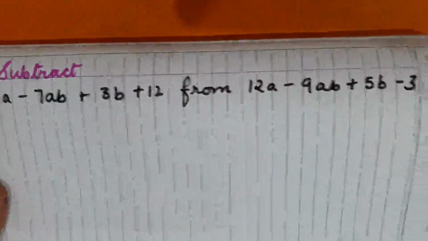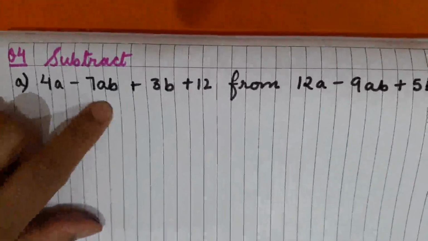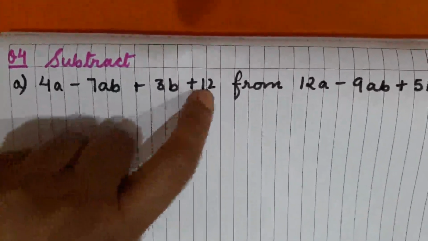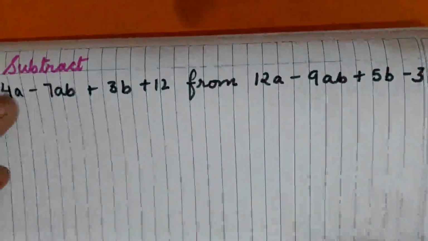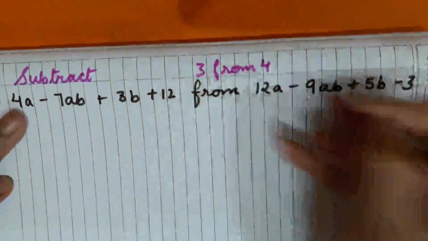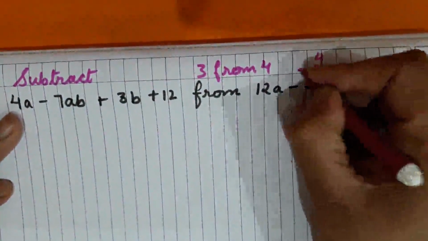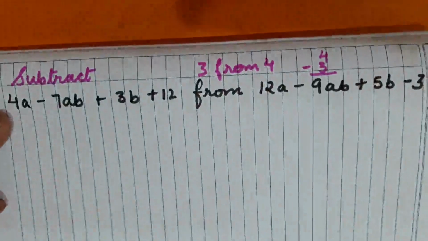Now children, next question, question number 4, is of subtraction. So 4a minus 7ab plus 3b plus 12 from this. We know that whenever "from" is written, if 3 from 4 is written, it means 4 is the above one and 3 will be the below one. So 4 minus 3 you have to do.